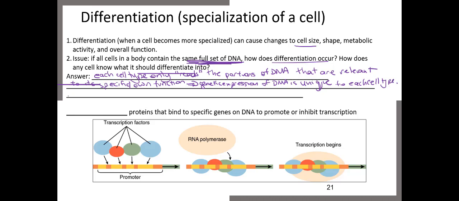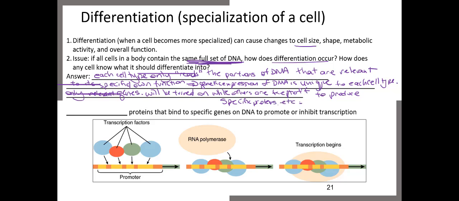So it means that in each cell, only relevant genes, portions of DNA, will be turned on, while others are kept off to produce specific proteins, etc.